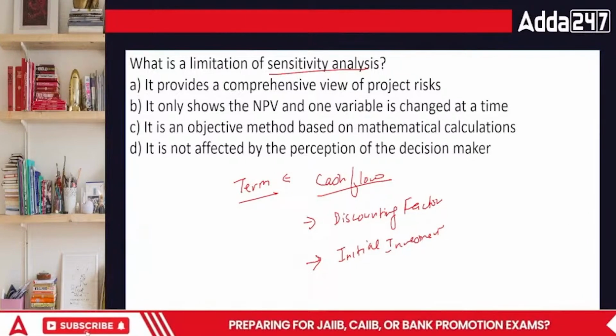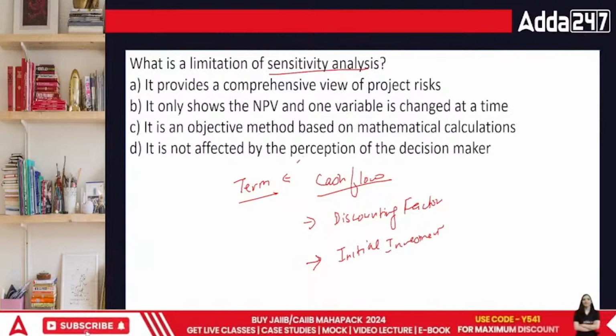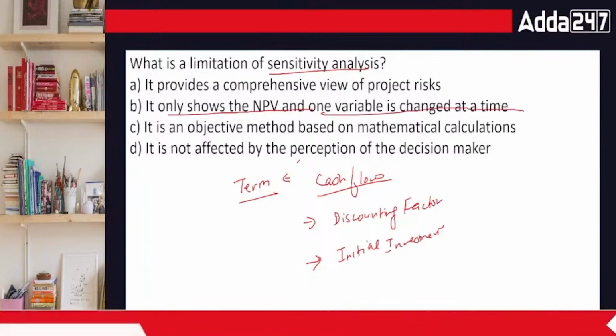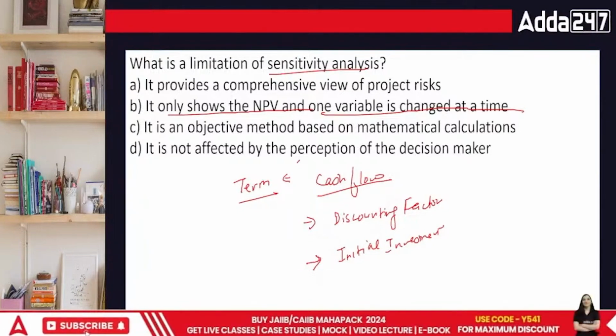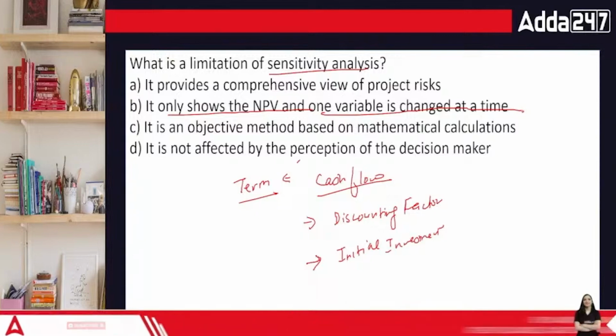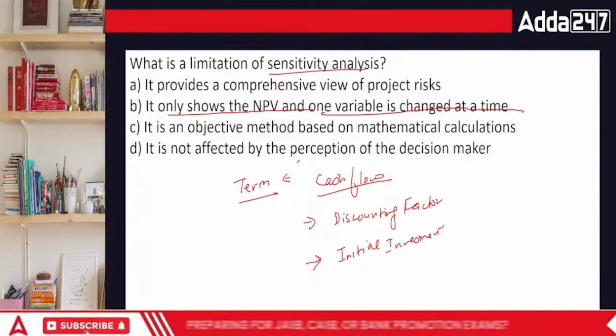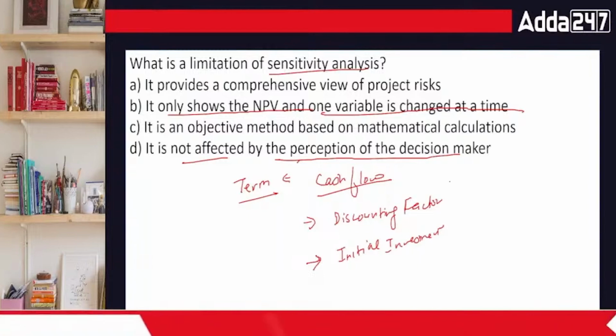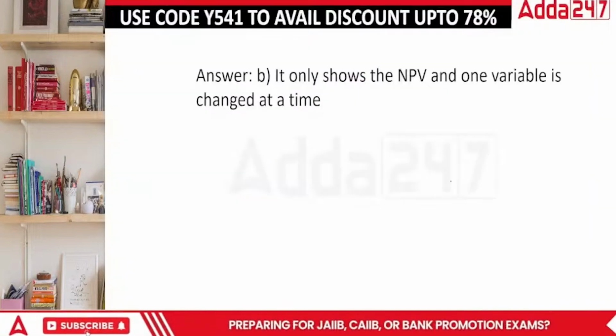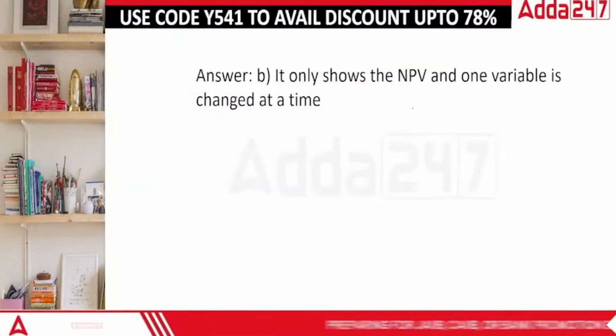So in this case, it provides a comprehensive view of the project risk. It only shows NPV and one variable in the change. Then, it is an objective method based on mathematical calculation. And then it is not affected by the perception of the decision maker. The answer in this question would be, it only shows NPV and one variable at a time.